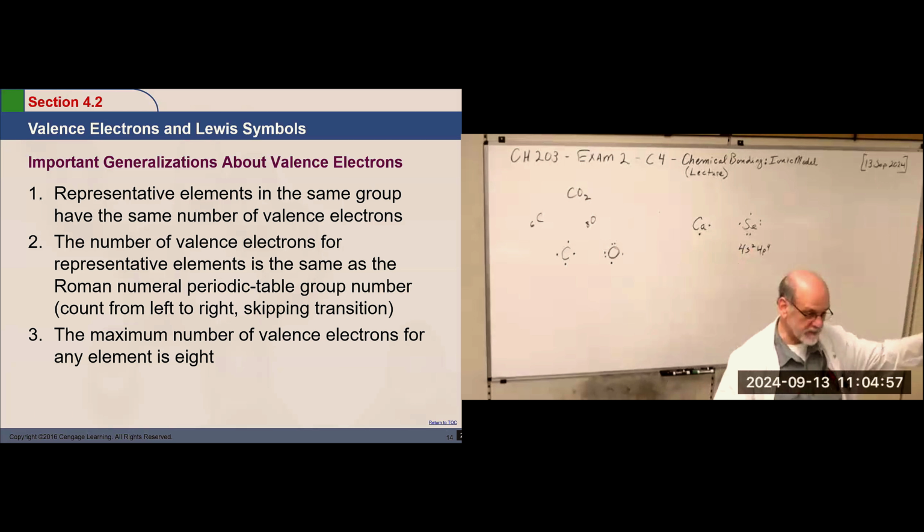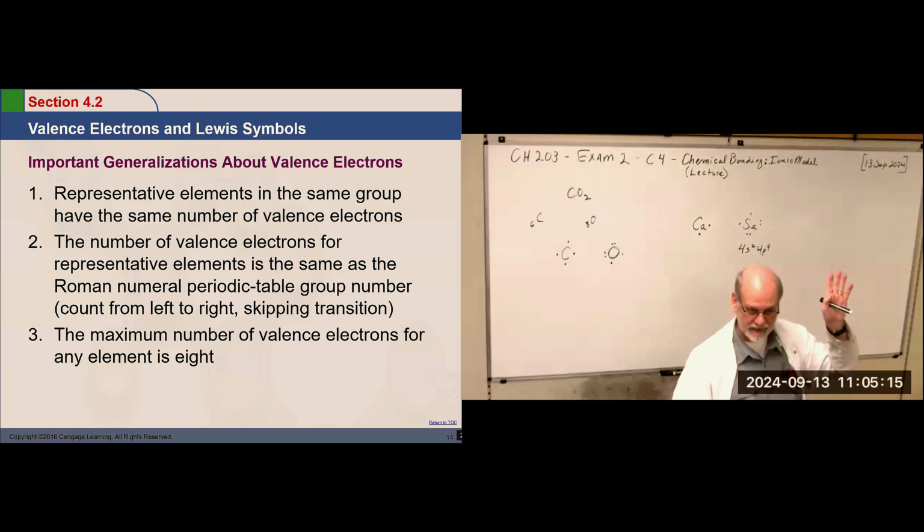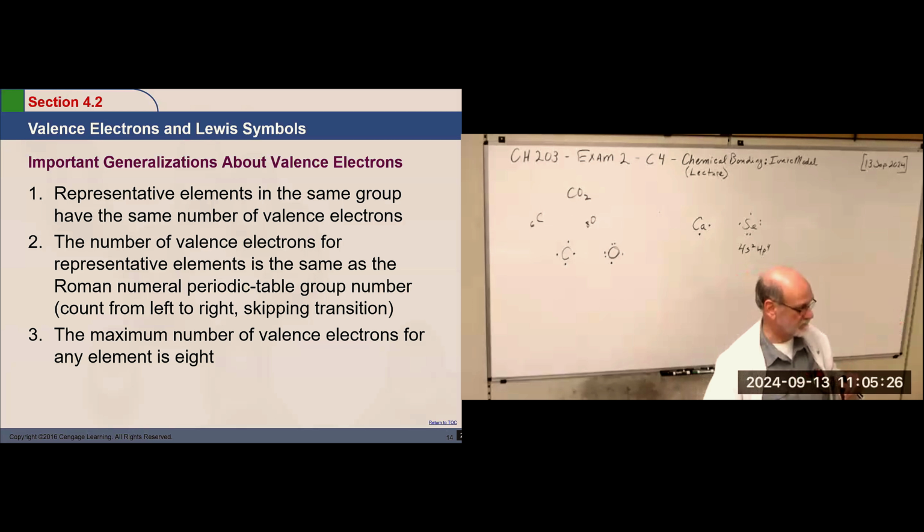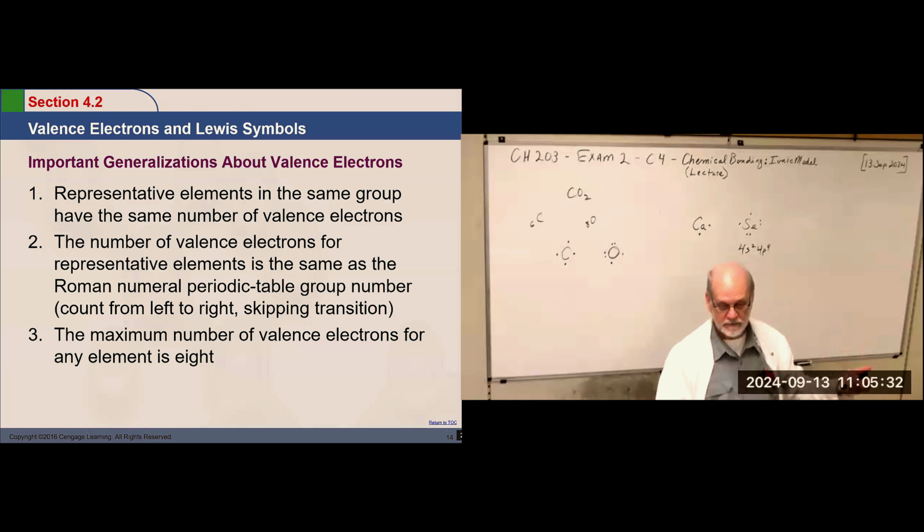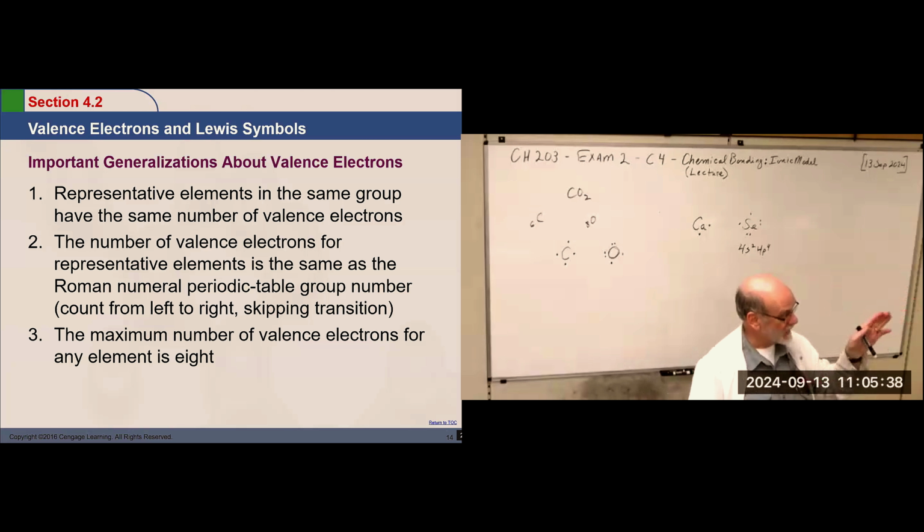The groups: if an element is in the same group as another one, they will have exactly the same valence electrons as other members of the group. So nitrogen, phosphorus, arsenic, we'll stop there because that keeps us in the nonmetals. They all have 5 valence electrons, the 5th position over, and they have the Roman numeral 5A.